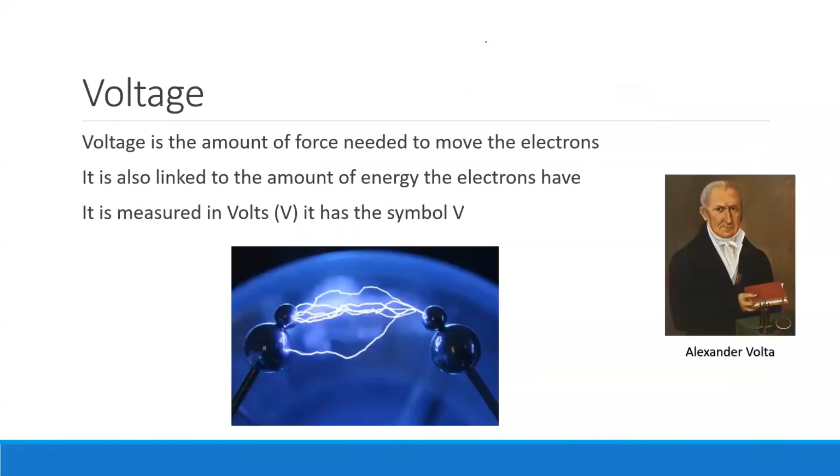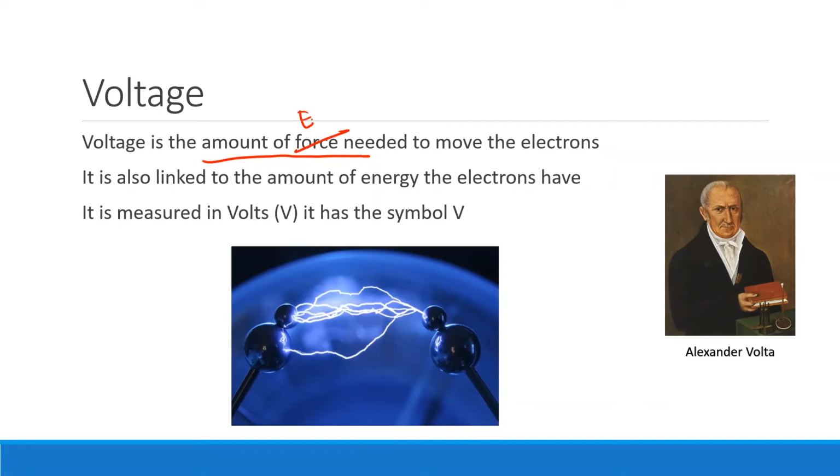What does that look like? Well, this gives us the idea of voltage. What is voltage? Voltage is the amount of force needed to move the electrons. Well, you know what? I actually don't like that. I don't like the amount of force.